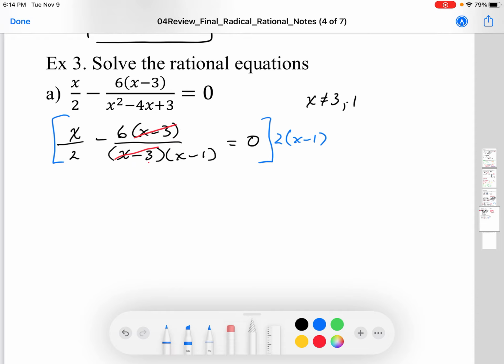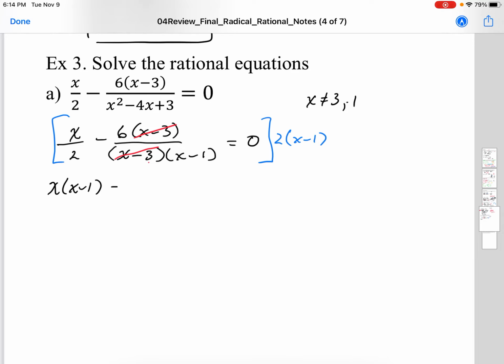So multiplying through then, the 2 cancels out. So we're left with x minus 1 here. Be careful with that negative. Okay, I'm going to put everything in brackets here because whatever I end up with is 6. The x minus 1's cancel out. This ends up being just one term.